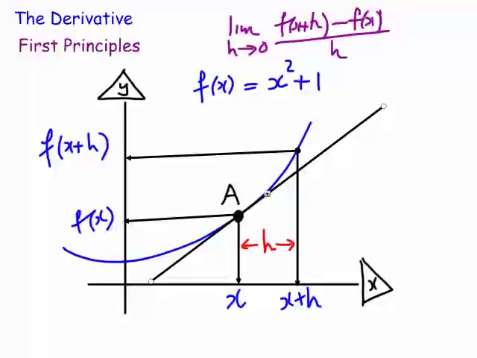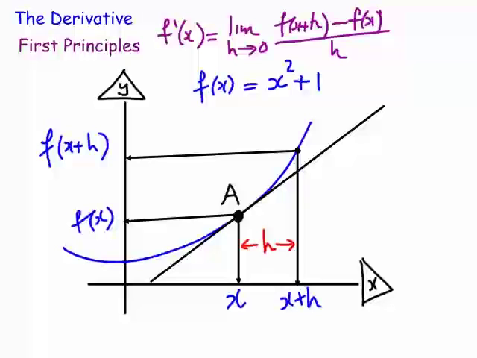Now we give this particular definition a special notation. We say that this is f dash of x. We call it f prime, that slashy prime thing after the f, in front of the brackets of the x. That's called the derivative of the function.